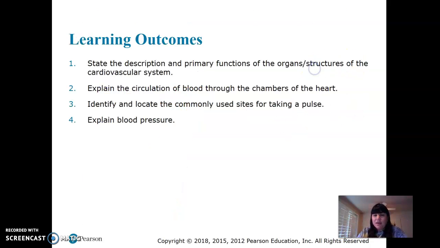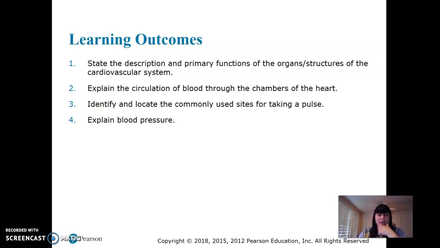So let's go ahead and take a look. The functions and organs of the cardiovascular system, and circulation through the chambers of the heart. We're going to talk about the heart anatomy and the way blood flows through there. Commonly used sites for taking the pulse, and explaining blood pressure. That's used a lot. It's the pressure on the vessels, okay?